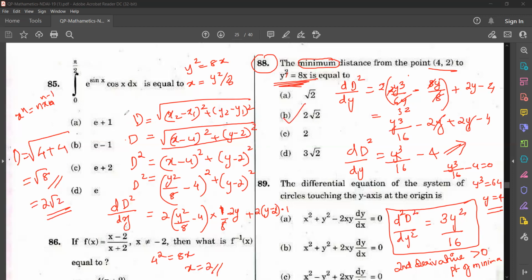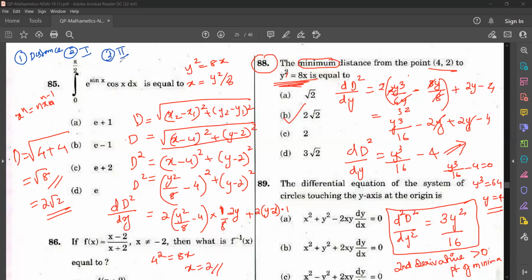Please copy down this. I'm again saying the steps that I did. First, I wrote the distance. Anyhow, you have to write an equation, then only we can find the minimum distance. Then I took the first derivative, and after that, I took the second derivative. Why am I taking the second derivative?